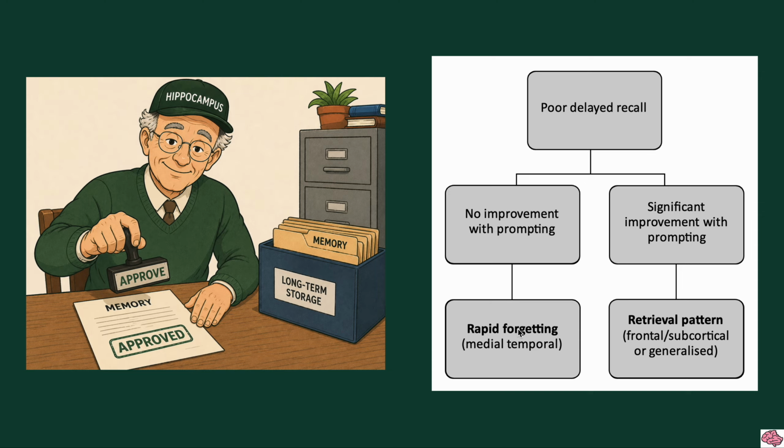So rapid forgetting suggests impairment of the medial temporal structures, particularly the hippocampus. Whereas a retrieval pattern localizes more to, say, the frontal lobe or a process affecting the subcortical structures, or maybe even a more generalized process affecting, say, the white matter, like chronic small vessel ischemic disease.